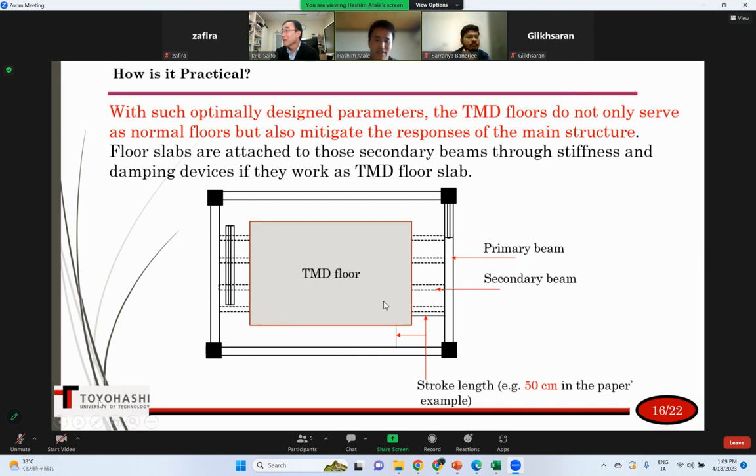So if it is an additional floor, it is not. They say that we don't add additional mass. We just use those normal floors as TMDs. It means that we don't use another floor. If we use, for example, the second floor, then it is not practical because we add other mass.